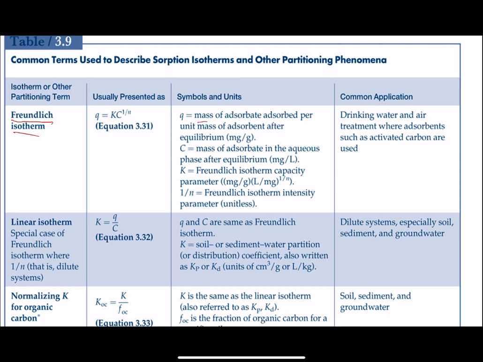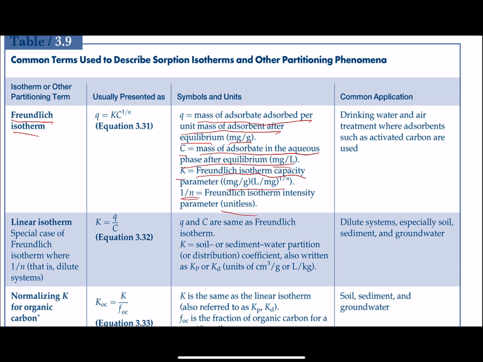Small q is the mass of the adsorbate adsorbed per unit mass of adsorbent after equilibrium, milligram per gram. And C is the mass of adsorbate in the aqueous phase after equilibrium. K is the Freundlich isotherm capacity parameter, and 1 over n is the Freundlich isotherm intensity parameter. Okay, so you have the units for each one of them, and 1 over n is unitless.